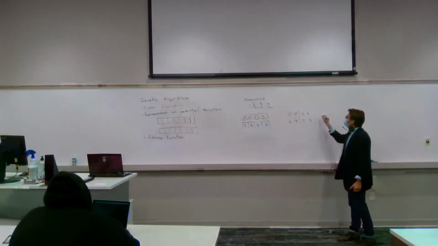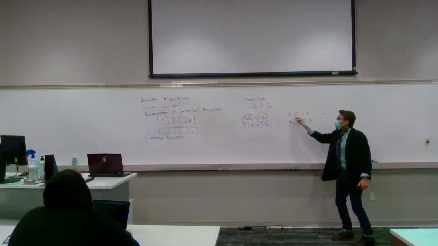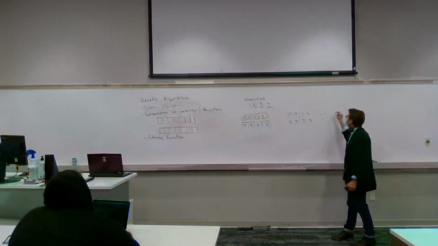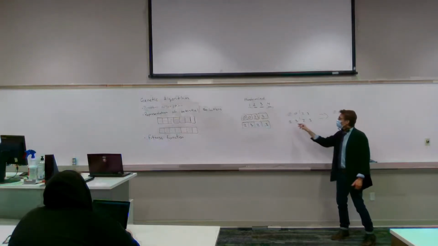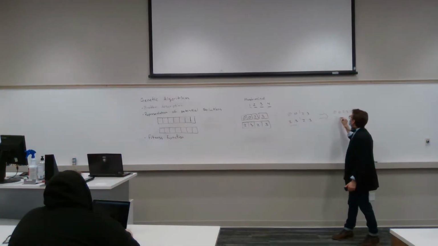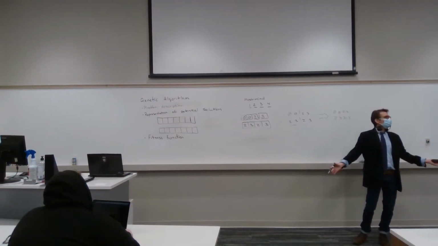What we would do is create 2 offspring from here. One of them takes the first part from here and the second part from the other. And the other one then takes the first part from the second one and the second part from the first one, and does this, which does what in this particular case? Nothing, right? It doesn't improve anything.